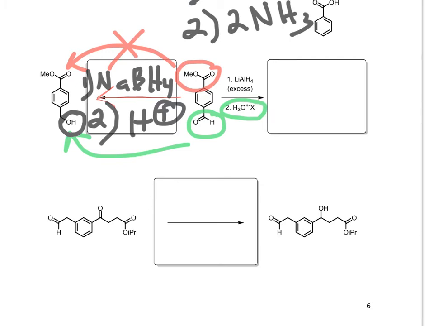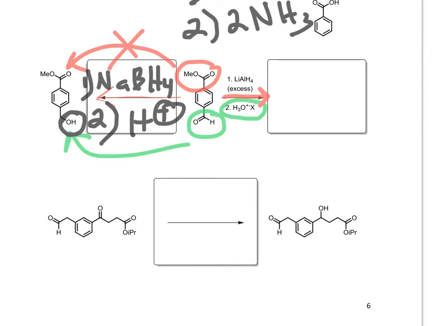Okay, LAH, lithium aluminum hydride. Note we're going from left to right. We're treating the same substrate with now a specified reagent, LAH, and in excess, which means there's a whole ton of it. Whatever it can do, it will do. LAH will reduce an ester all the way to an alcohol, and if it can reduce an ester, you can be sure it can reduce an aldehyde.